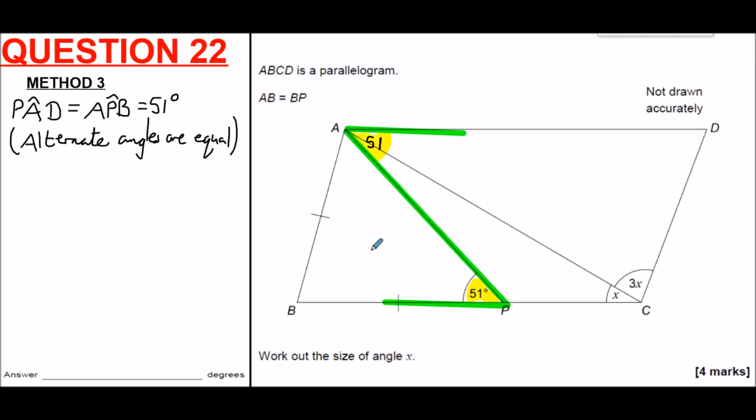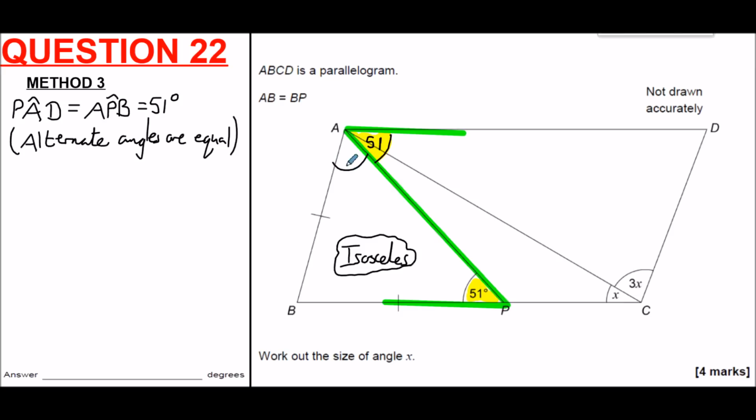Now we're going to have a look at this triangle. Two sides of a triangle are equal, AB equals BP, and so yet again we can just label this as an isosceles triangle. Isosceles triangle means two sides are the same, but more than that, two angles are the same. So because this one's 51 here, this other angle here will also be 51.